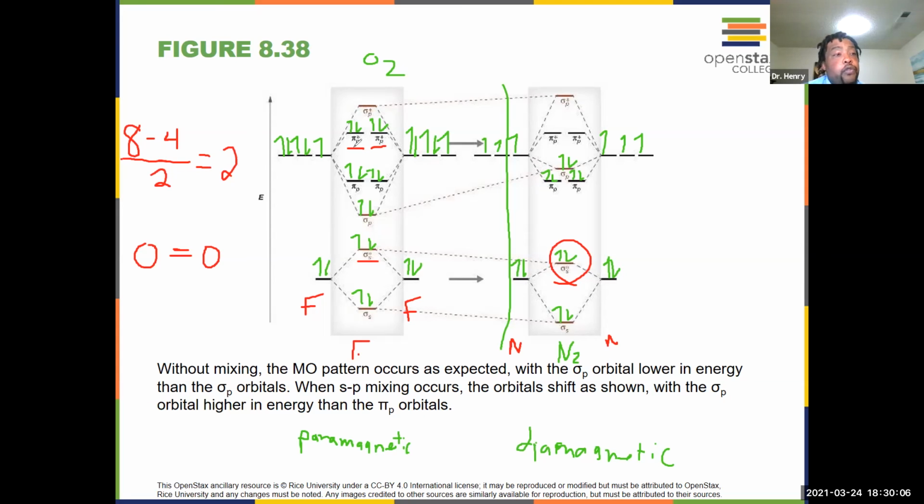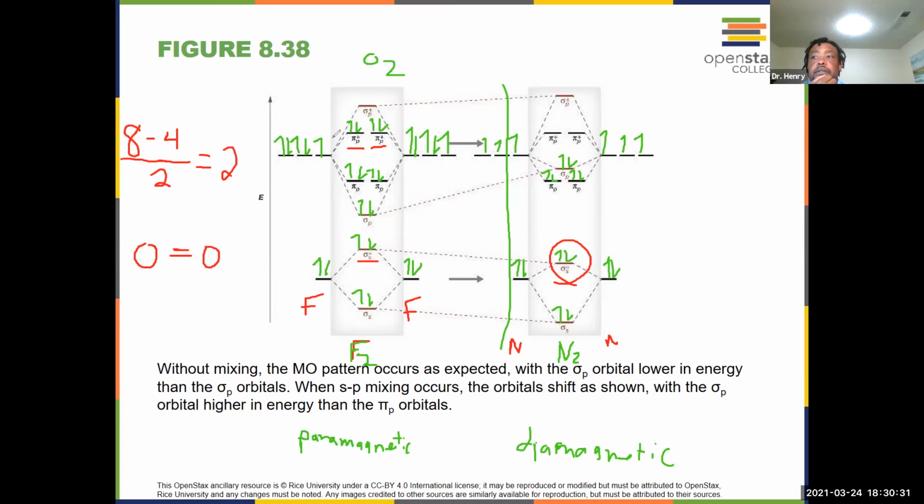If we were working with fluorine alone, but not fluorine the molecule, that guy would be paramagnetic because you have that one electron by itself. But as a molecule, when it's together, F2, it's diamagnetic.